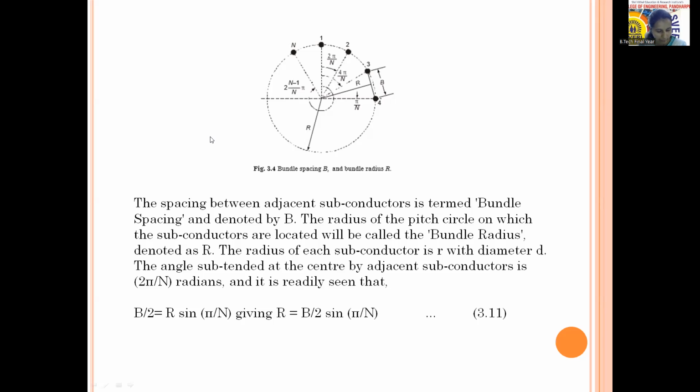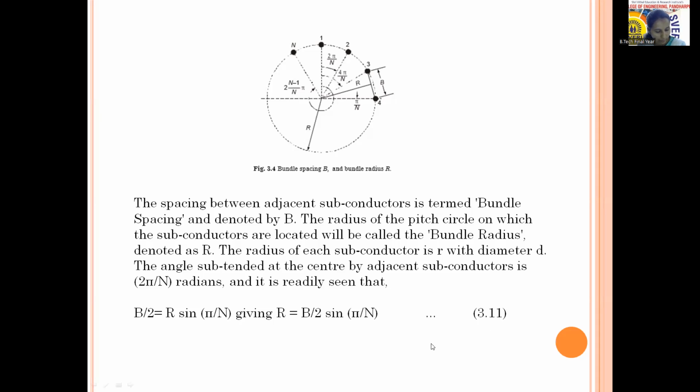We simply put this value in. If we take n as 2, you have to put this value of n in equation 3.9. b by 2 is equal to R into sine pi by 2, and sine pi by 2 is 1.